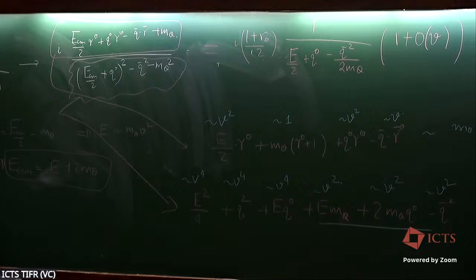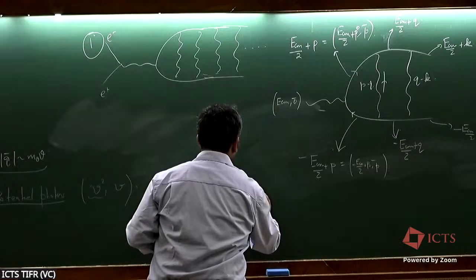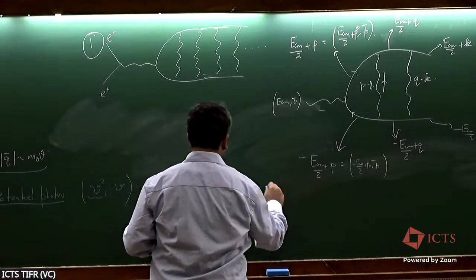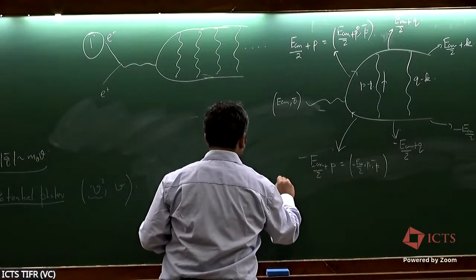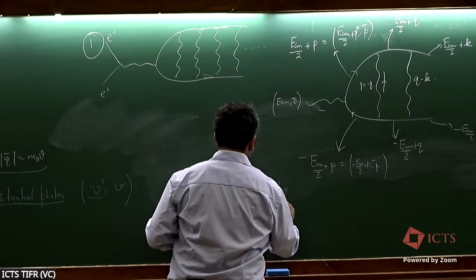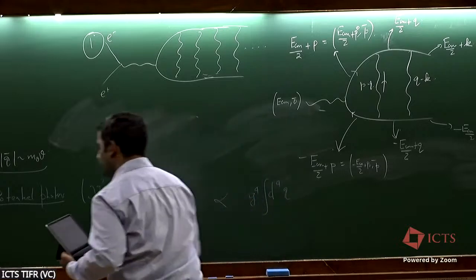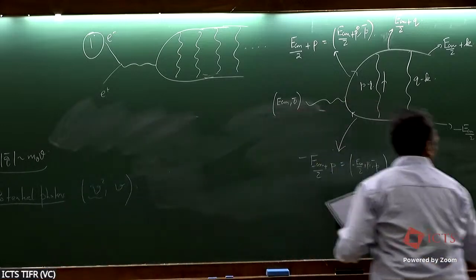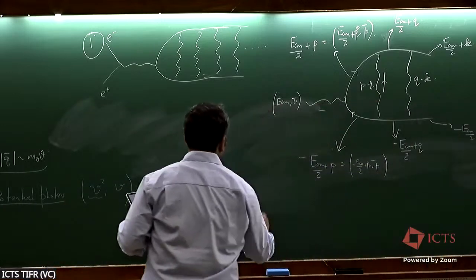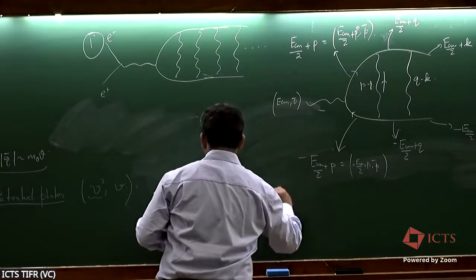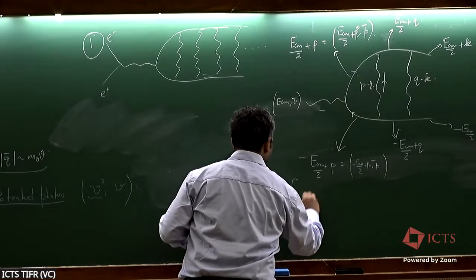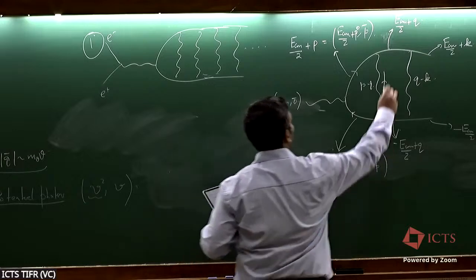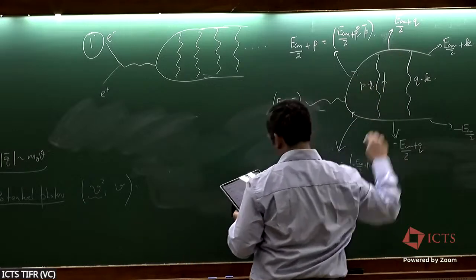Now, in the loop calculations, let me just quickly write the loop expression. The loop expression is some g raised to 4. I will not worry about factors of i, I leave it up to you to figure it out. d^4Q. I will have one propagator here, one propagator here, all of these contributing together.